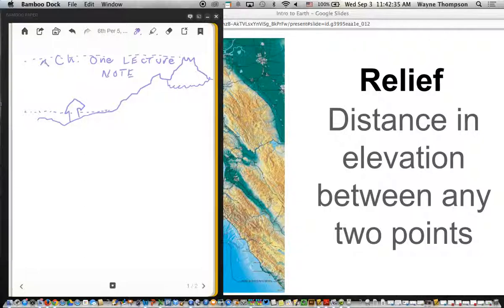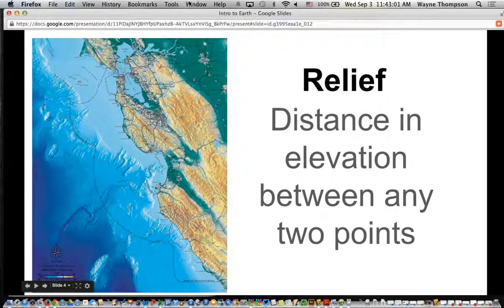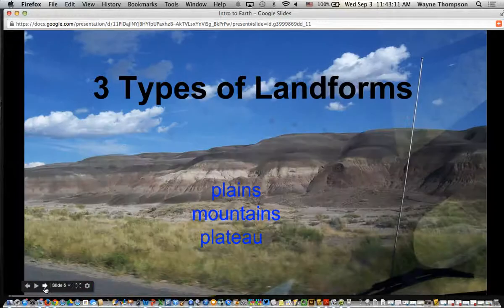Let's say it's 200 meters. That relief is illustrated on maps by different colors and shades in this particular map. And on a topographic map, it's illustrated in lines. We'll take a closer look at that. So relief is the distance in elevation between any 2 points.